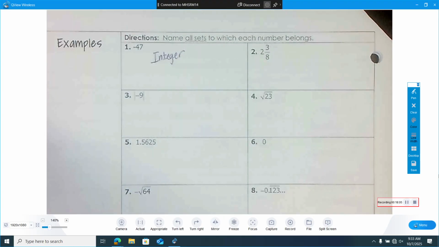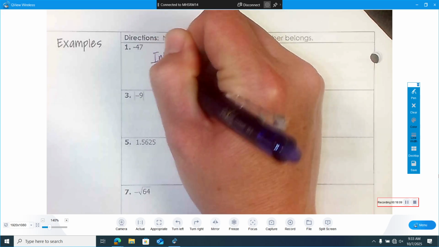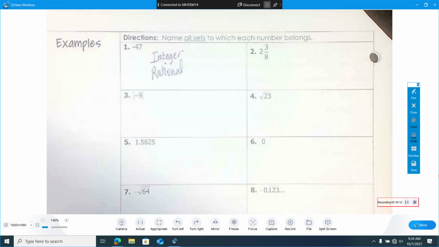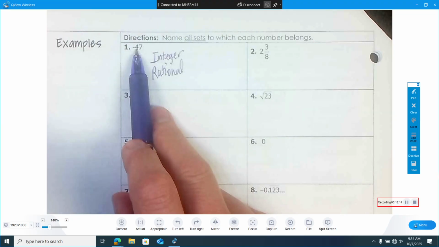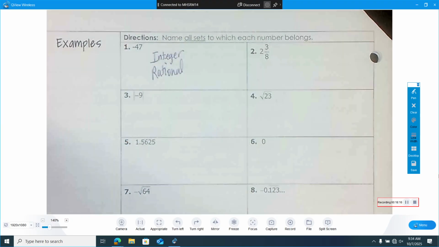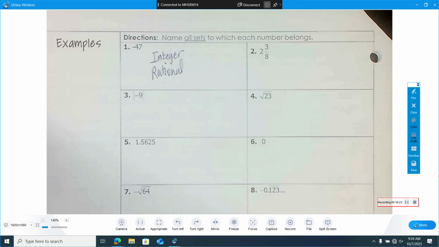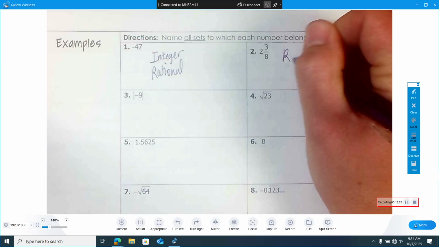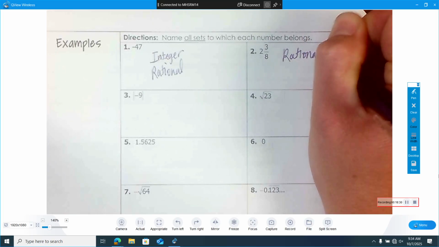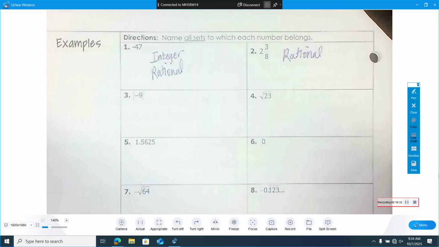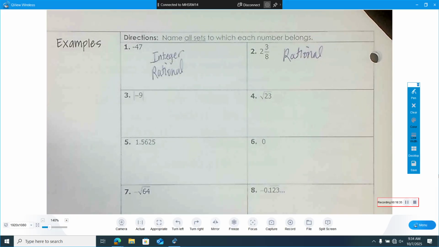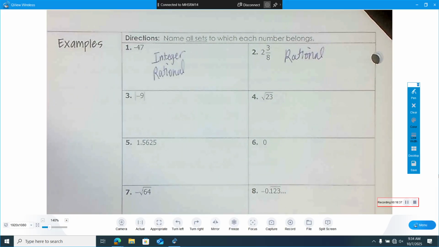And if it's an integer, what also is it? Rational. Very good. So we know it's an integer because it's got negatives, and we know it's a rational fractional number. Good. Number 2, what does that belong to? Rational. Rational fractional. It is a rational number. It's a mixed number. It includes a fractional part, so it's got to be part of the rationals.